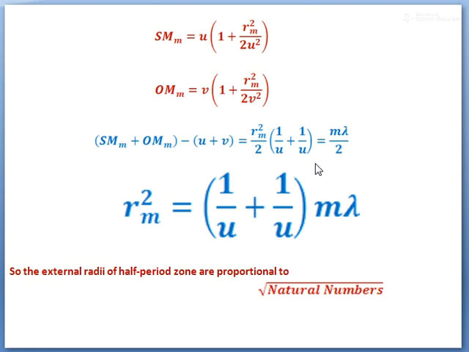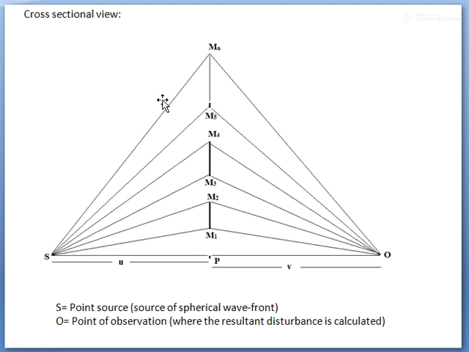According to the construction of the half period zone, we know that SMn plus MnO minus SO is n times lambda by 2.